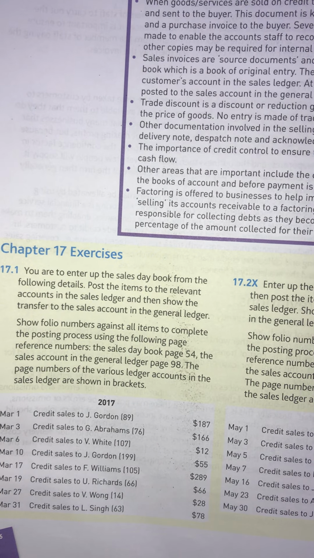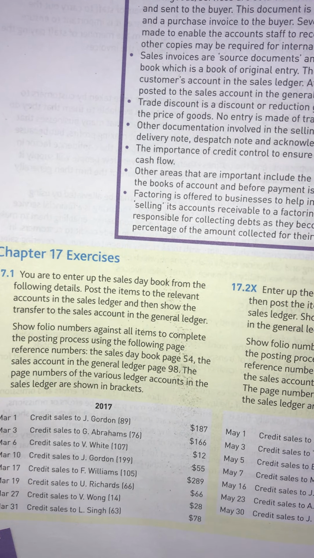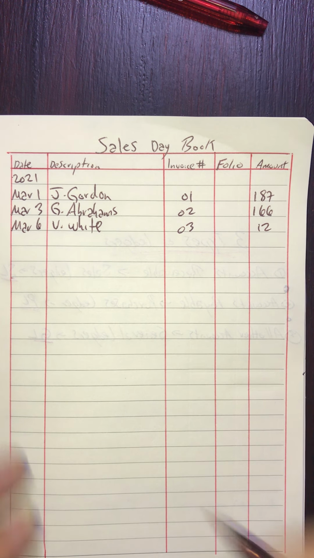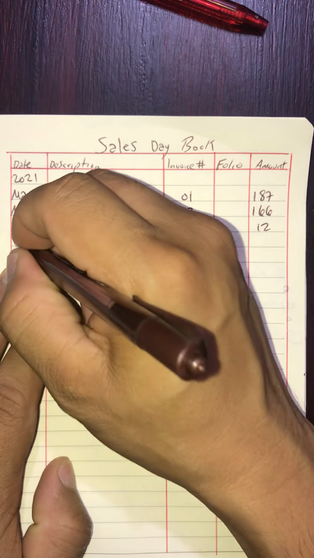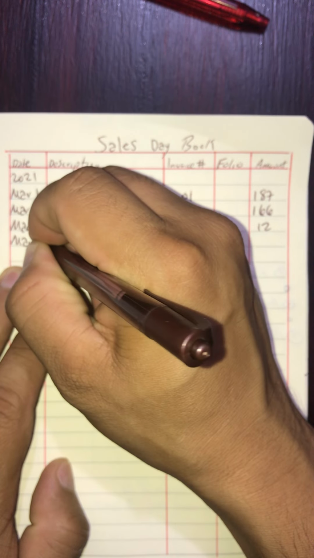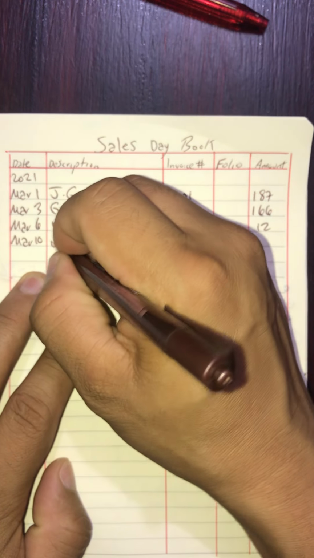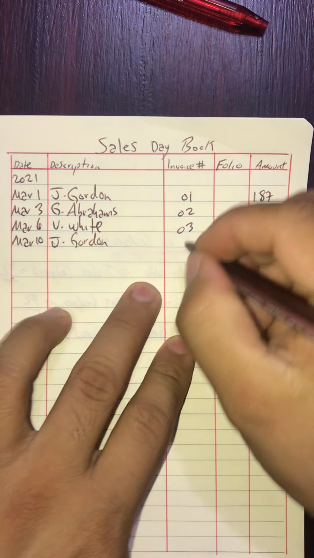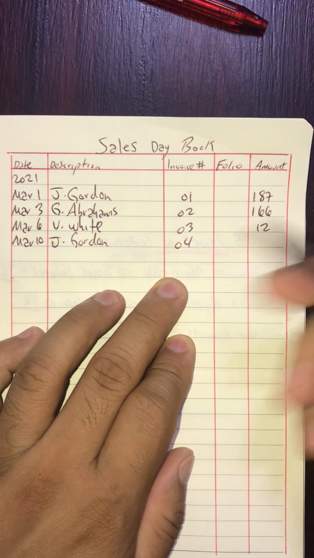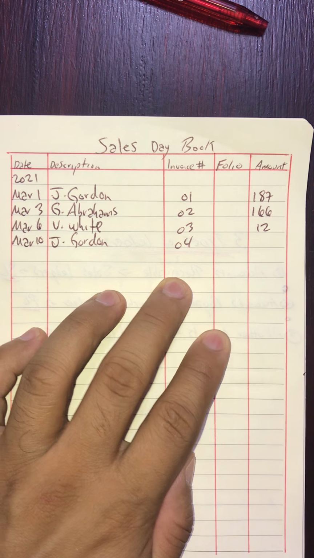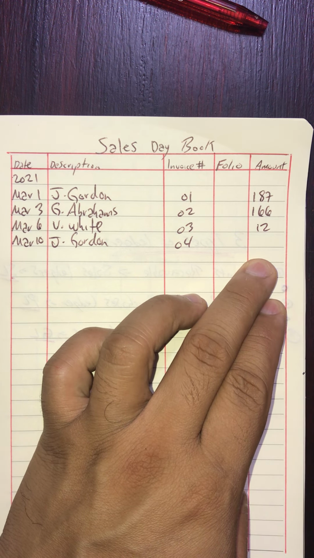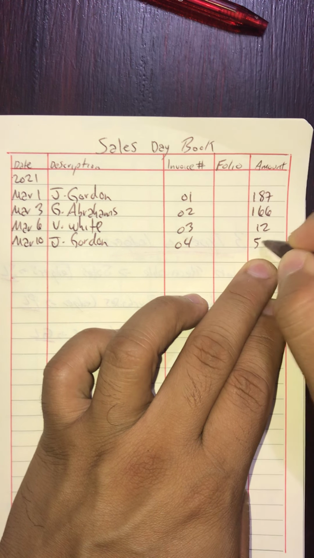March 10th, credit sales to J. Gordon, $55. Again, this person, we're selling to him again. So March 10th, J. Gordon, invoice number 4, because it's another invoice, it's not the same, it's another sale, so we go with 04. The amount is $55.